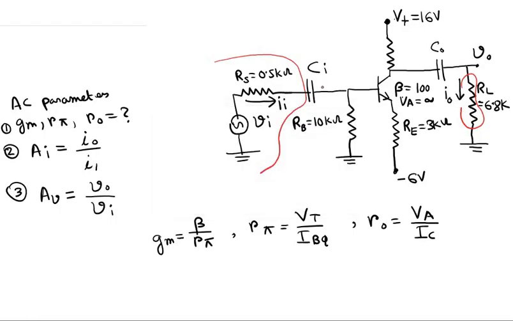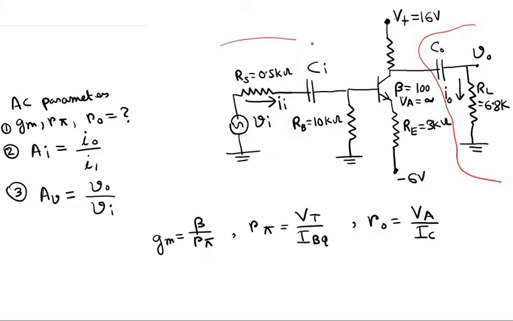So this part of the circuit would also not stay in the DC circuit. These two parts of the circuit are not present in the DC circuit as far as DC current flow is concerned. So the DC equivalent circuit for this transistor circuit is basically given by only this part.